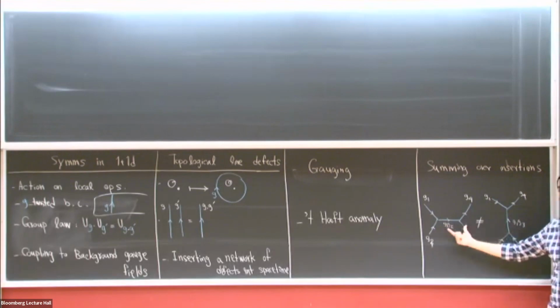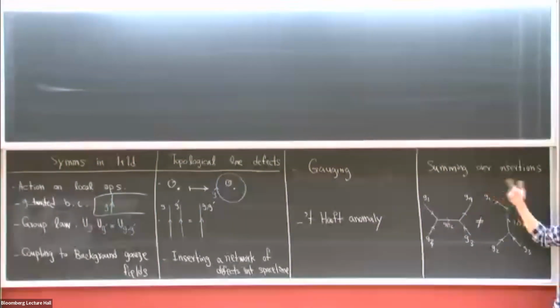It not only depends on the homology of this network, but it actually depends on the actual topology, so I have an obstruction to summing over all these insertions because it depends on the details. Then this is not equal to this; this is the 't Hooft anomaly. Generally there is a U(1) phase, which is some 3-cocycle, which captures the 't Hooft anomaly. Is there any question so far?